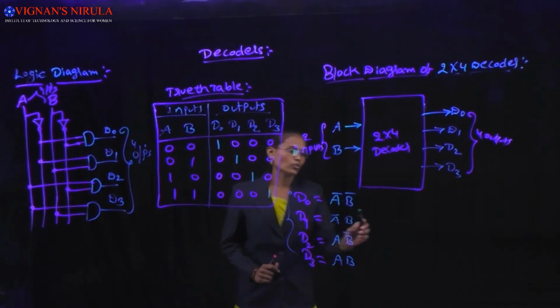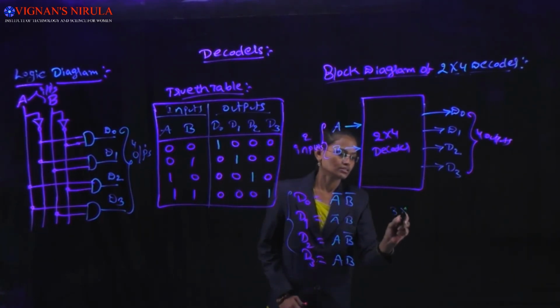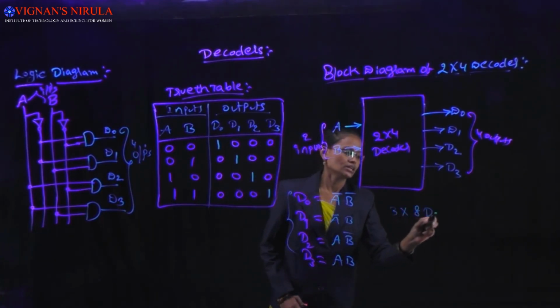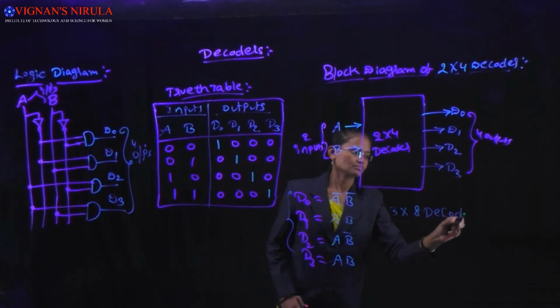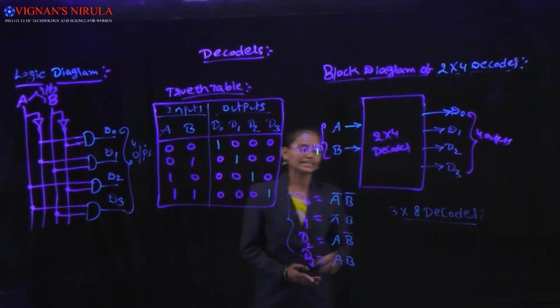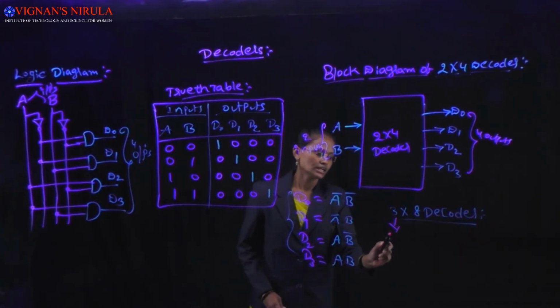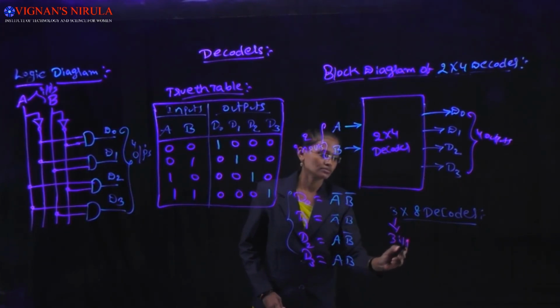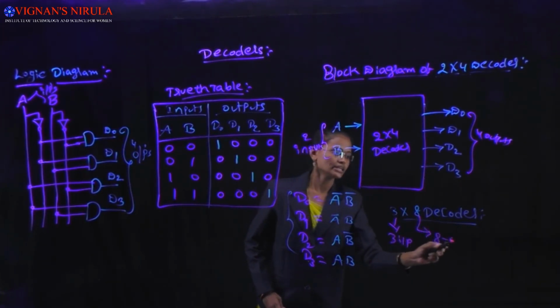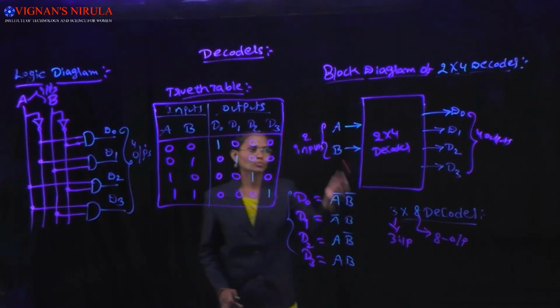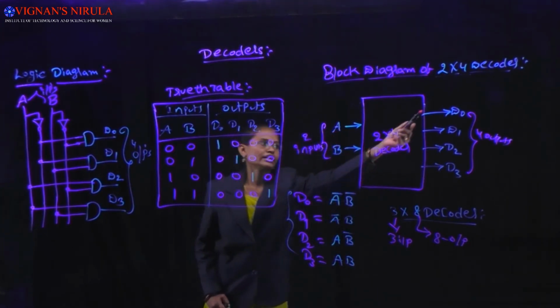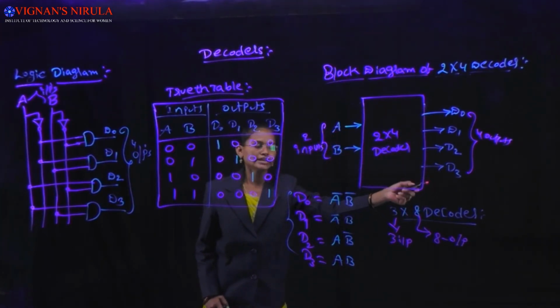Like this, we can write the 3 to 8 decoder. In a 3 to 8 decoder, we consider 3 inputs and 8 outputs. Coming to the block diagram, A, B, C are the 3 inputs and D0 to D7 are the 8 outputs.